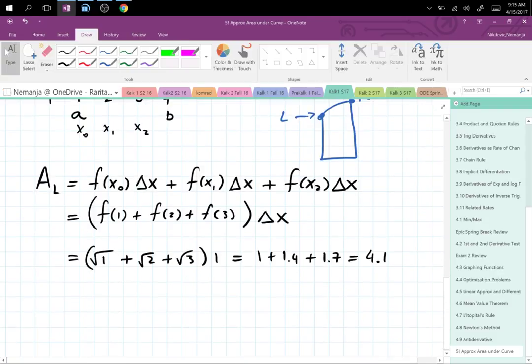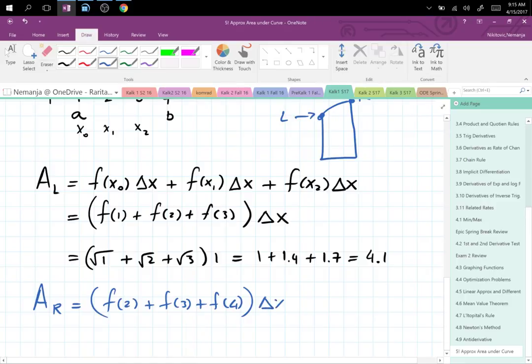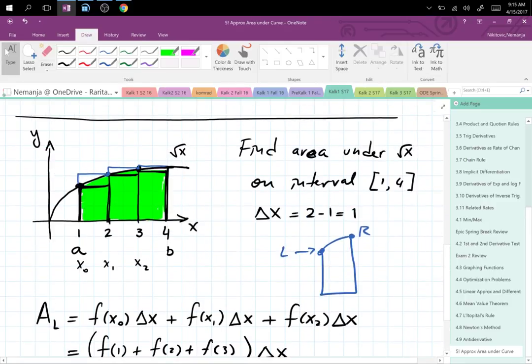So now, if I am to do AR, it will be f of 2 plus f of 3 plus f of 4, everything times delta x. Because you see that the points which I am using are at 2, 3, and 4, rather than 1, 2, and 3.